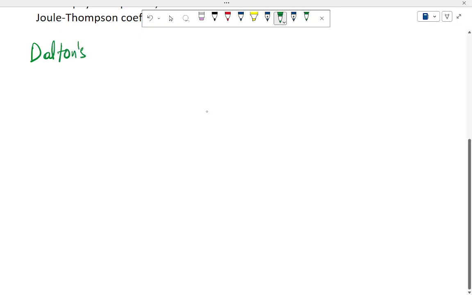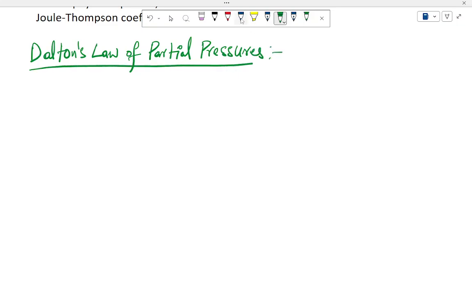Dalton's law of partial pressures. So what does Dalton's law of partial pressures say?